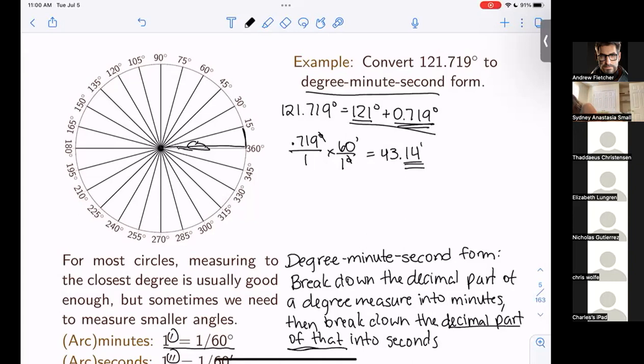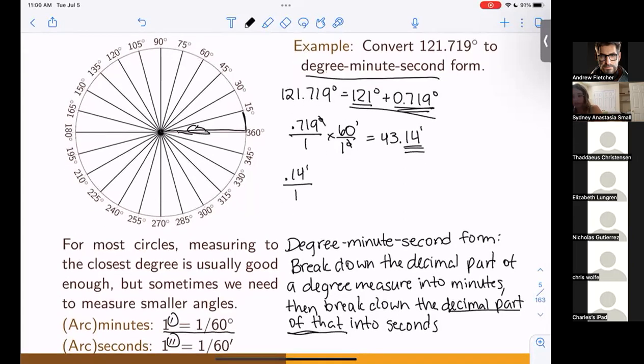Same thing. We have 0.14 minutes, and I want the minutes to cancel, and I want to get this in seconds. So I know that for every 1 minute, there are 60 seconds. The units of minutes cancel, and plugging this into my calculator, I get that this is 8.4 seconds.